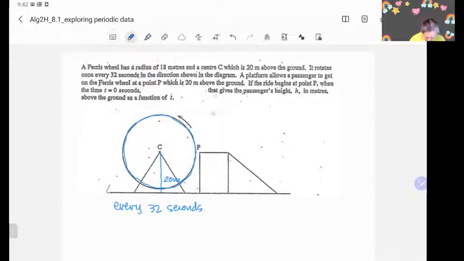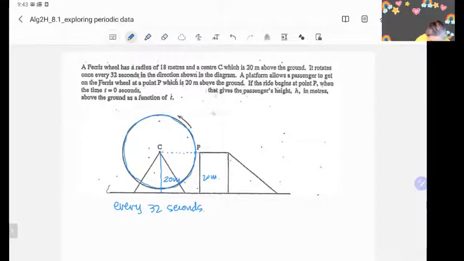So this is also 20 meters here, the same height. And then this is 20 meters too, right? And if the ride begins at point P, P is here, when time t equals 0 seconds. Oh, there are some omitted parts.